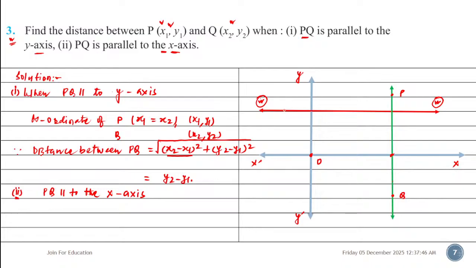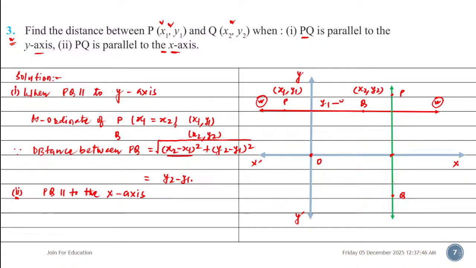So PQ, suppose this is the P and suppose this is the Q. So PQ is parallel to the x-axis. In that case, the coordinate of this one will be what? x1, y1 and this is the x2 and y2.